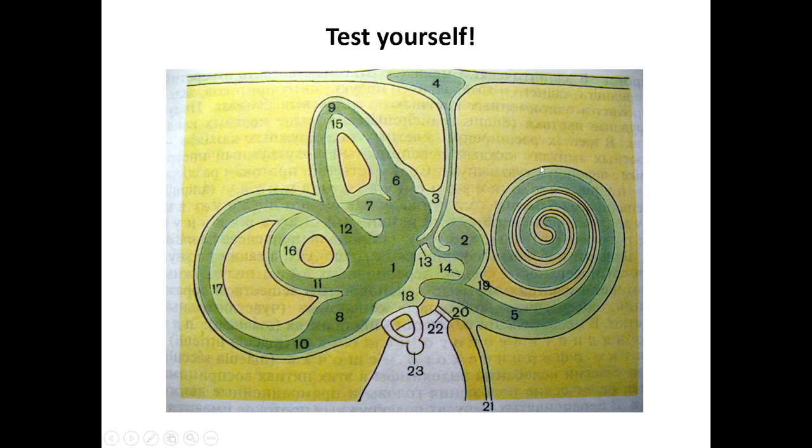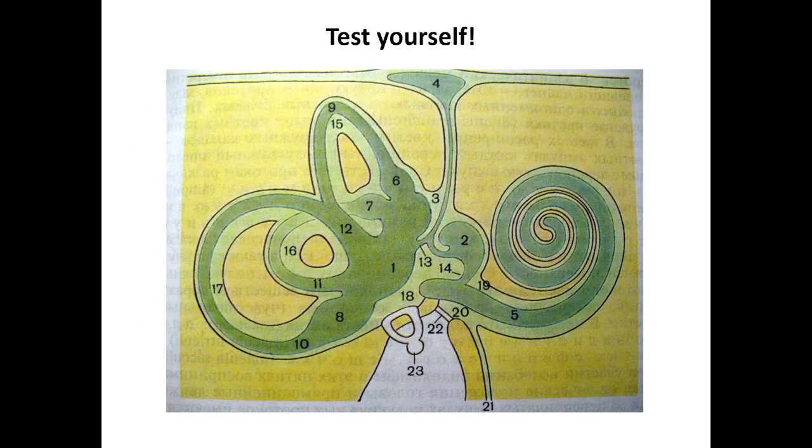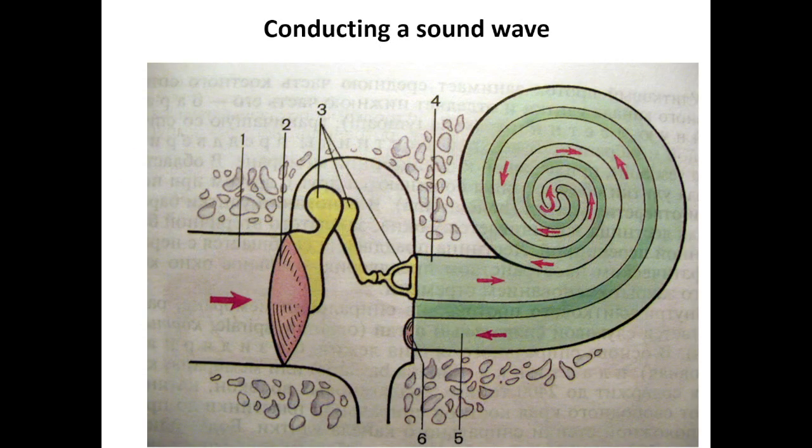So again, the picture is from the textbook of Sapin, and you can test yourself on what each number in this picture means. We can compare it with this picture. And now a very interesting question for understanding how we can hear.